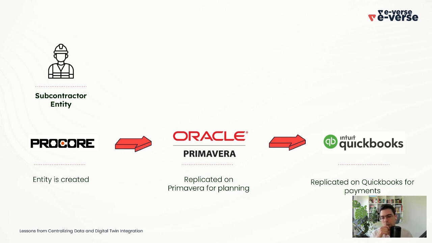So the way this was going to work is we will define an order in which projects and entities were created. For example, if I created a subcontractor entity and I want to register a subcontractor, the Procore entity needs to be created first. Then the subcontractor will be replicated into Primavera, and after that it's going to be replicated in QuickBooks.